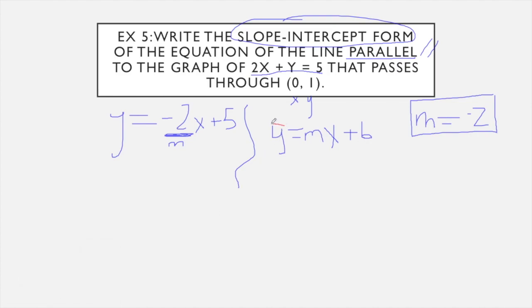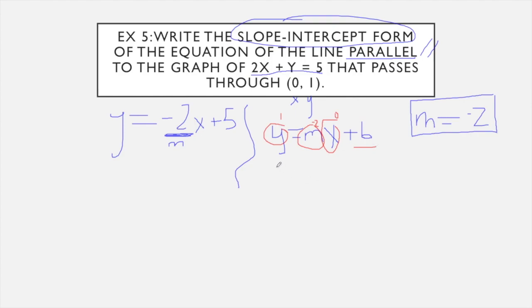We know our y value, we can put a 1 that goes from here. Our m value, we know we can plug in a -2. We already found that. And our x value, we can plug in here. That is a 0. So we can change all these letters to numbers. There's only one thing left to find, that's our b, and then we'll be able to write that equation.